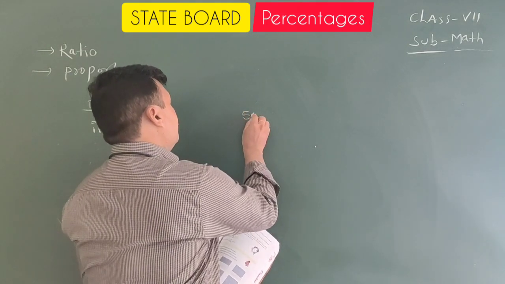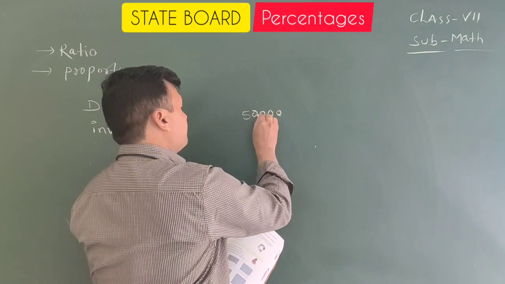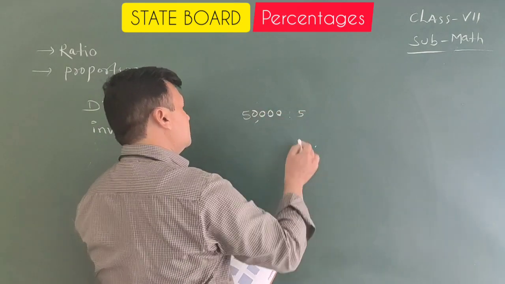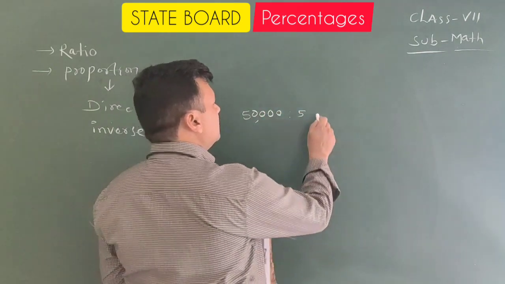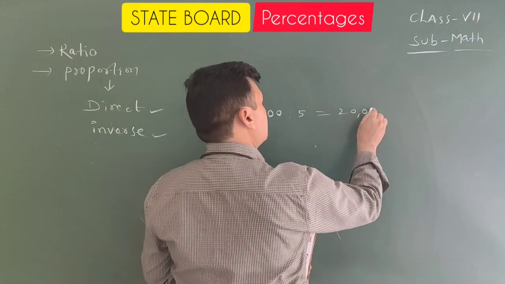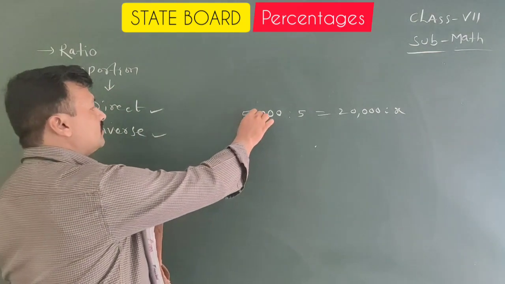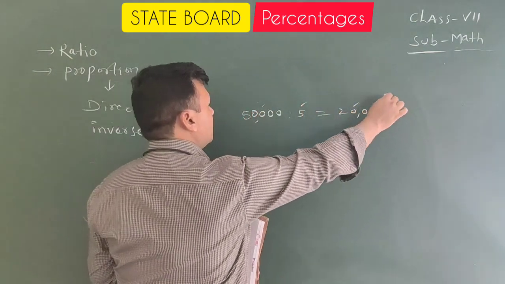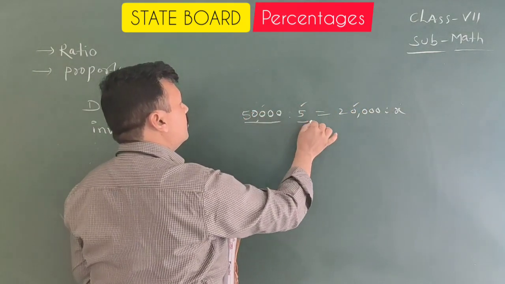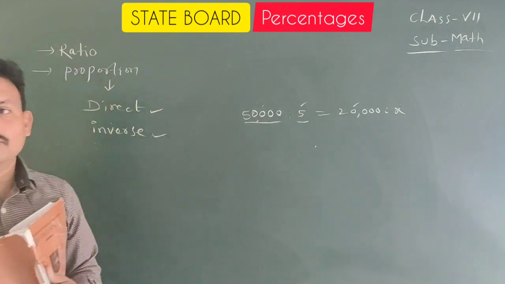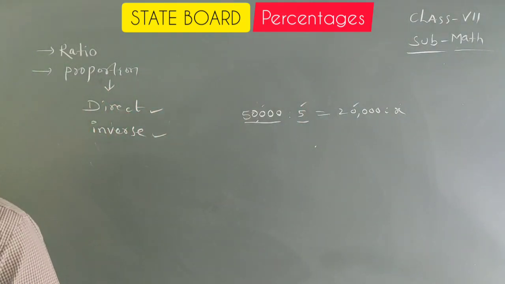Here, 50,000 is to 5. Then 20,000 is to what? 20,000 is less, so we will get a lesser value. They are in direct proportion. So by using proportion, we can find the x value.